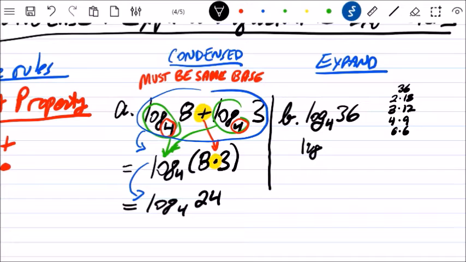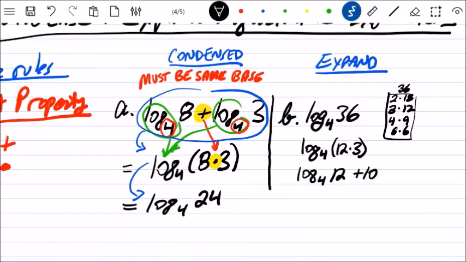I'm going to write this as 12 times 3. Any one of those works here, but I'm going to choose this one. So then that means it's log base 4 of 12 plus log base 4 of 3.